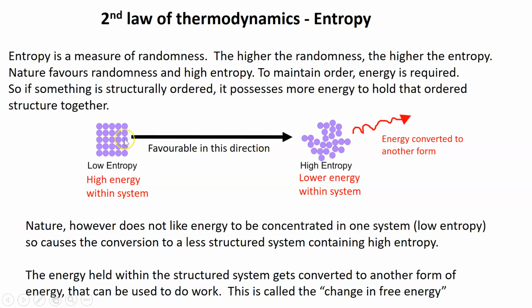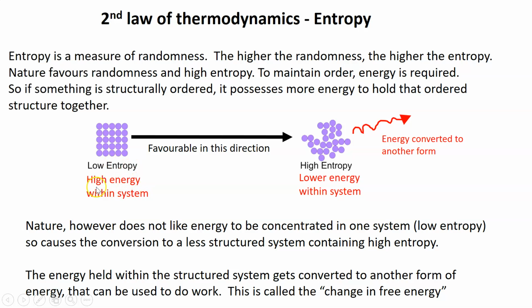So there's lots of energy concentrated in here, and that's important because that energy holds the structure together. Now the universe doesn't like this. It favors this to be more like this and even more dispersed. This sample here is said to have low entropy, and in terms of energy, it's a bit opposite.